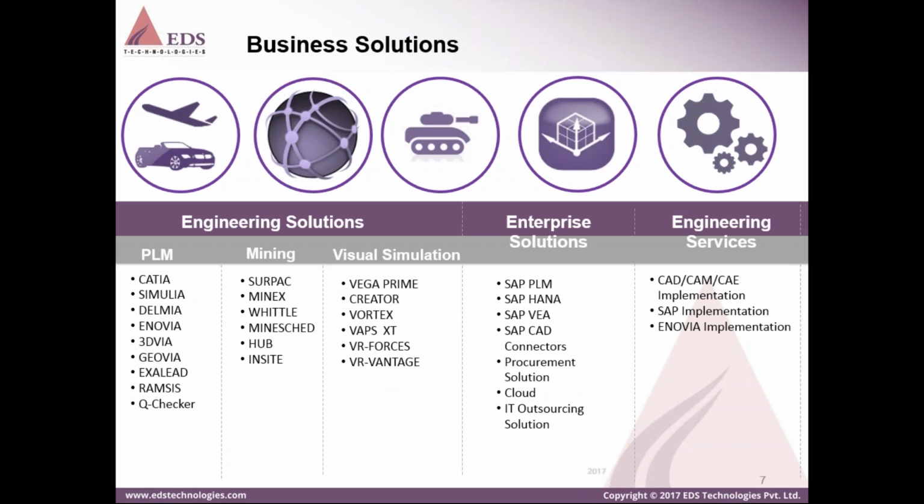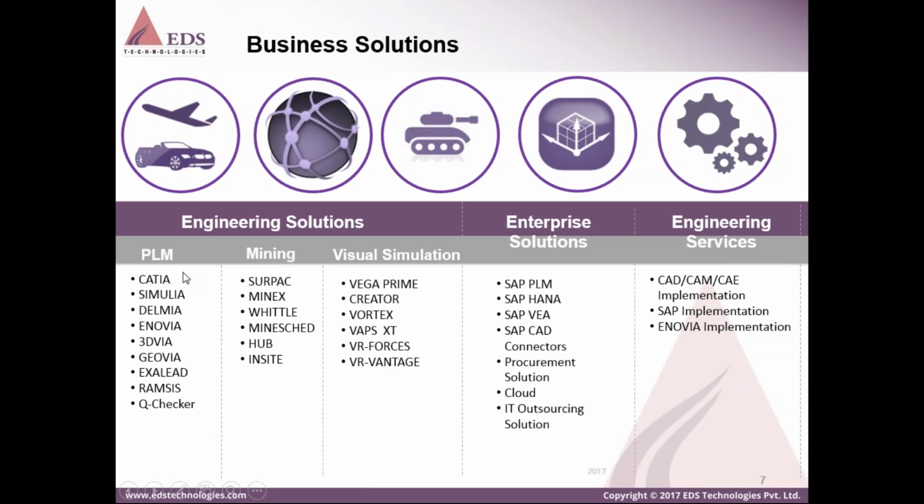This particular slide will help us understand the different portfolios of EDS Technologies. We have different verticals like engineering solutions, enterprise solutions, and along with that engineering services. In engineering solutions, we have PLM domain, mining domain, and visual simulations.